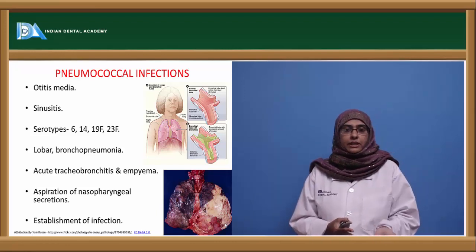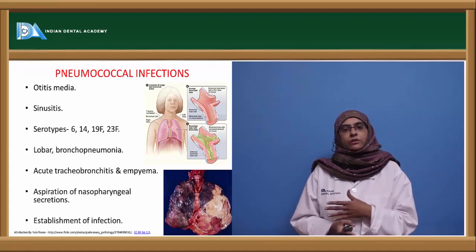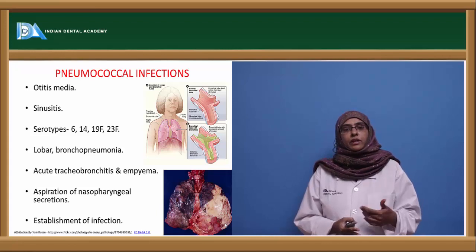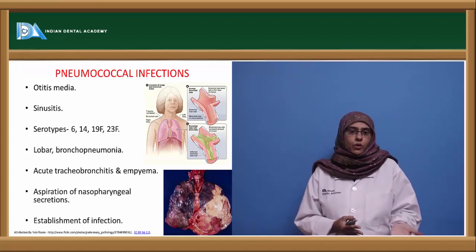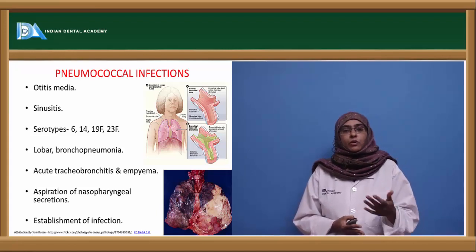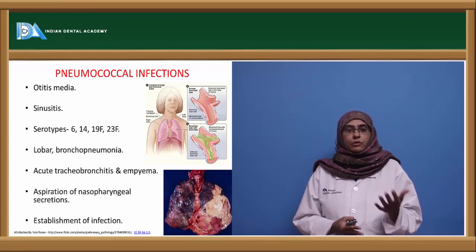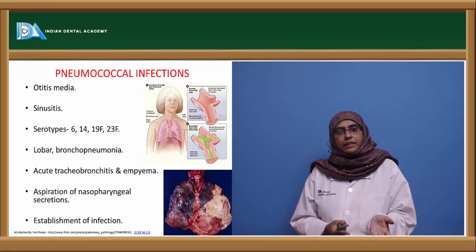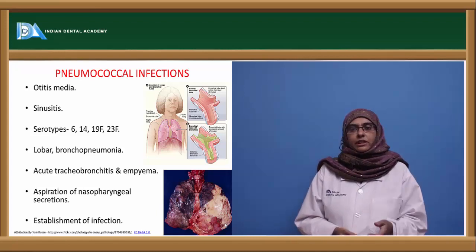But once the organism is able to establish, it can lead to pneumonia, and this can happen only when there is a lowering of the immune response in the host, or when there is an immunocompromised patient where the immune system is not acting very well. In those cases, you can see the organism getting very well established and causing the infection.